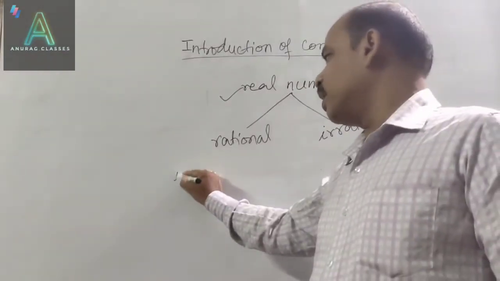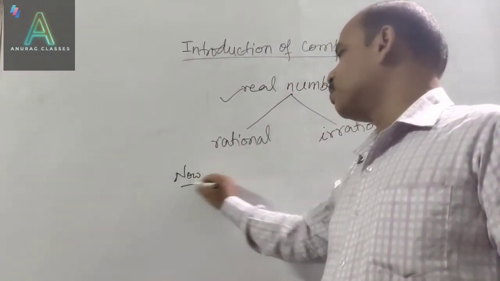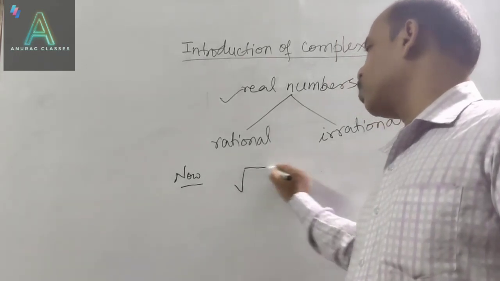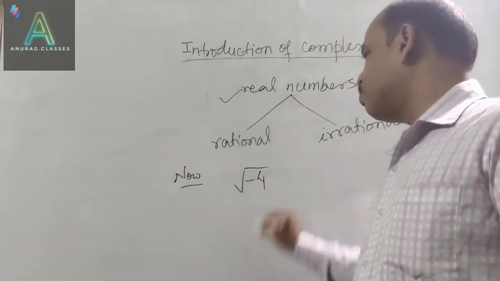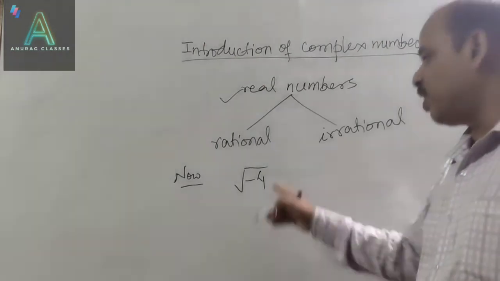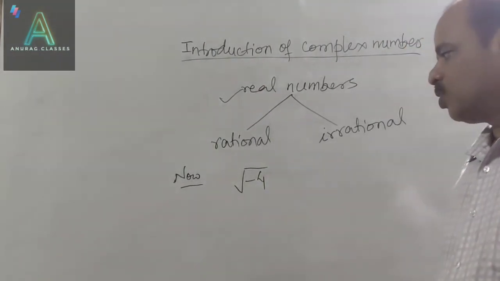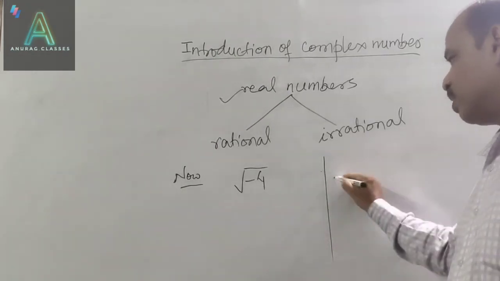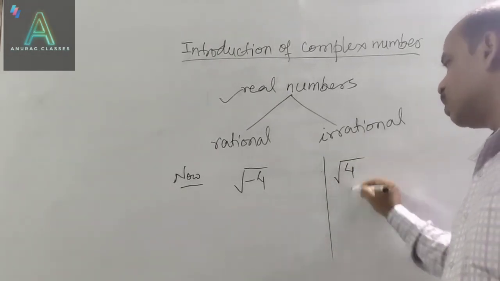Now take an example. Suppose we want to find the square root of minus 4. So how can we find the square root of minus 4? Before going to this question, let us try to find the square root of 4.